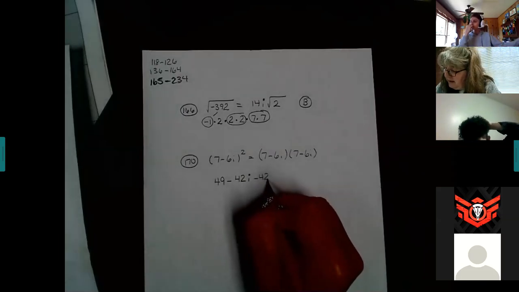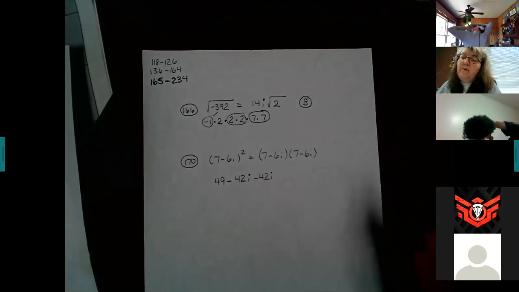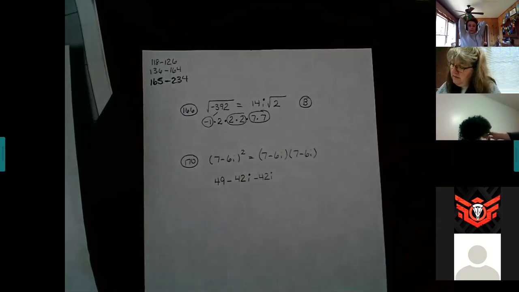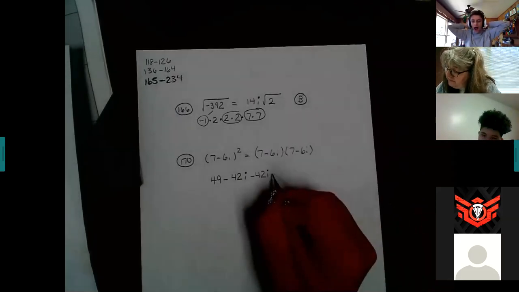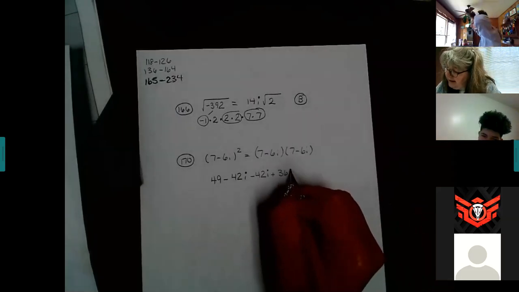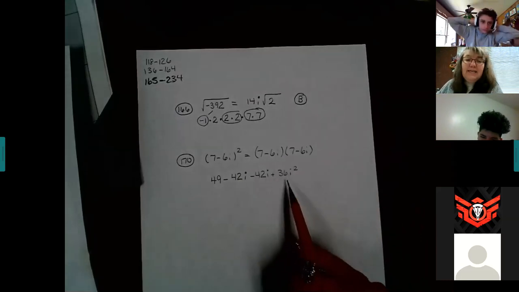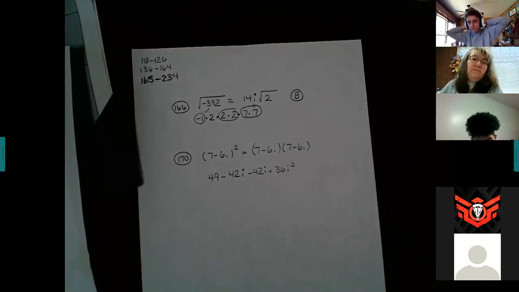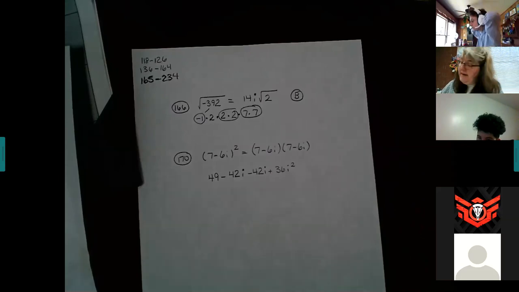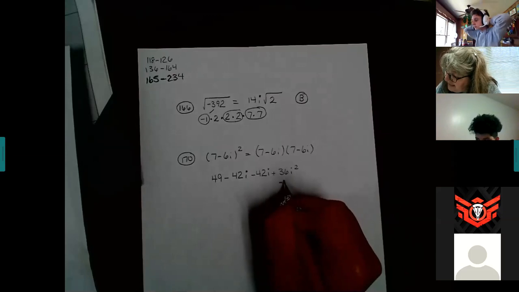Okay. And Zonell, what's the last? Don't simplify it. Just tell me what the last is purely. Positive 36i squared. Okay. Emmanuel, tell me what this positive 36i squared becomes. Emmanuel says negative 36 because i squared is negative 1.